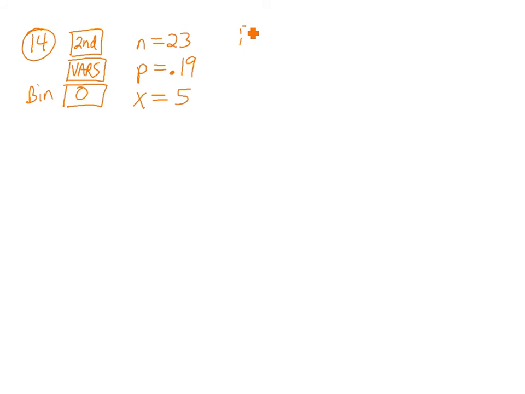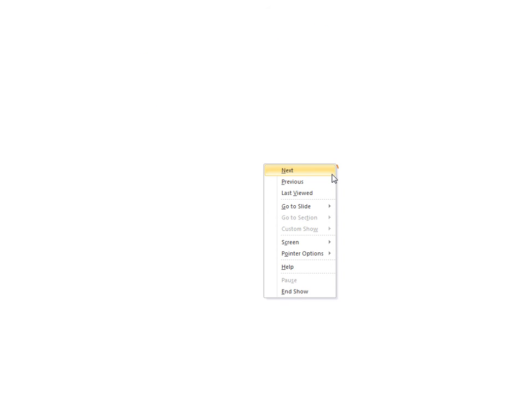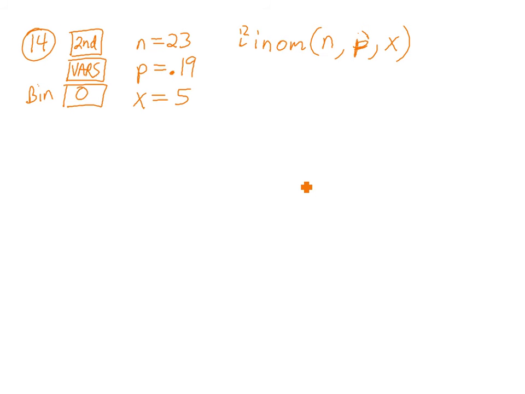It's going to pop up the thing that looks like binomial and have the parenthesis, and you're just going to put in N, comma, P, comma, then X. So you punch all that into your calculator, you close your parenthesis, and when I did that on my calculator, it came up to be 0.188 something.